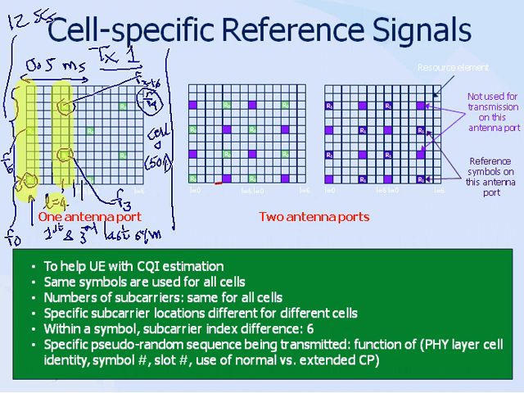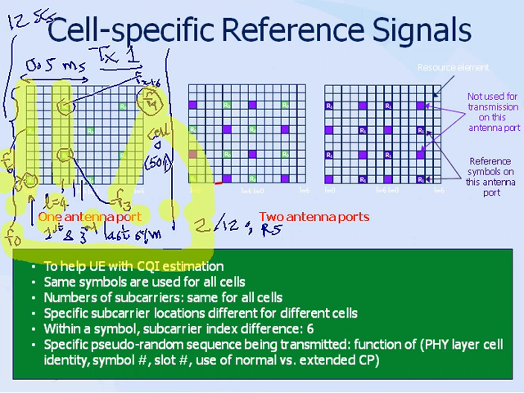So within a resource block, 2 subcarriers out of 12 would carry the reference signal, in each of the two symbols. So that is if we had only one transmit antenna at the node B.